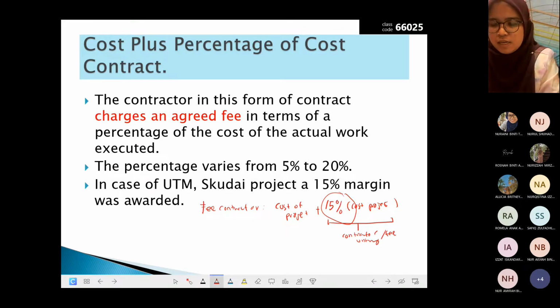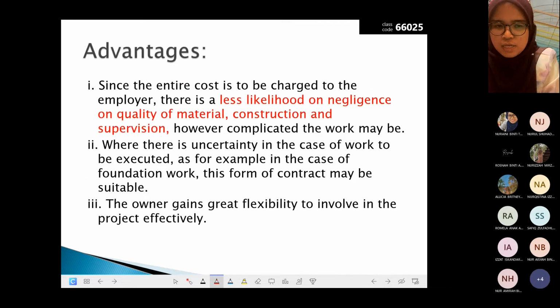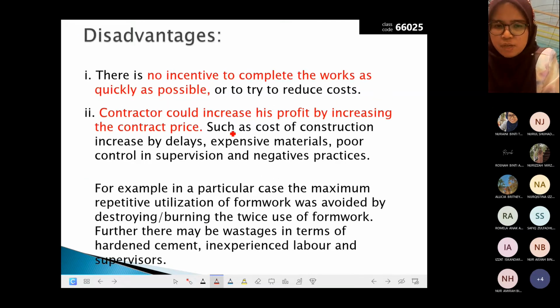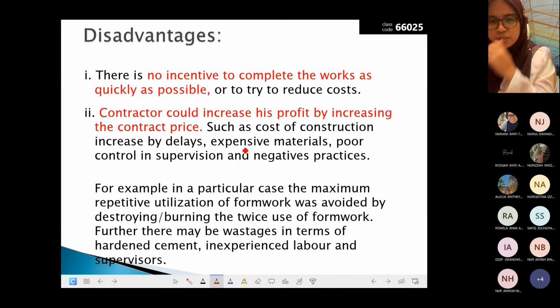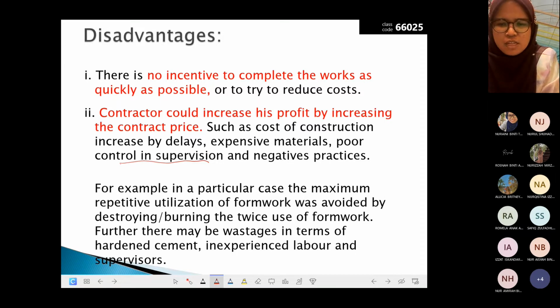Then he can increase his profit by increasing the contract price. So he uses the most expensive material. Okay, poor control and supervision. For example, he makes a mistake, rehacks, then has to re-concrete, and the cost increases. So he does something to make the cost appear to increase, so that when the cost increases, his profit increases too. Okay, and these are the disadvantages.